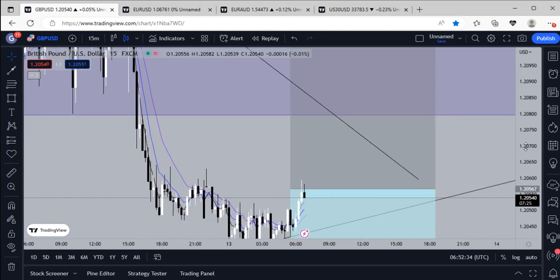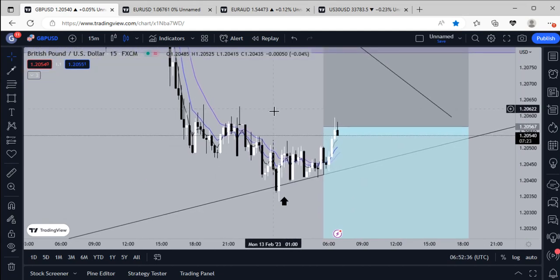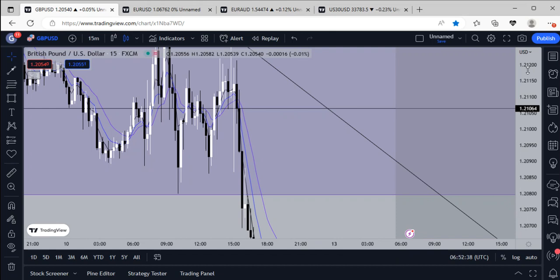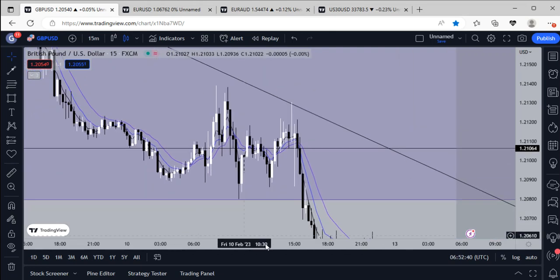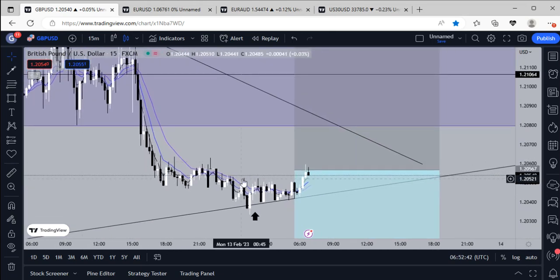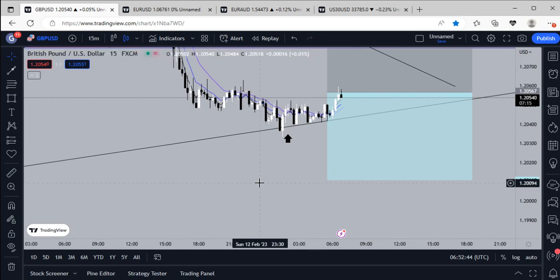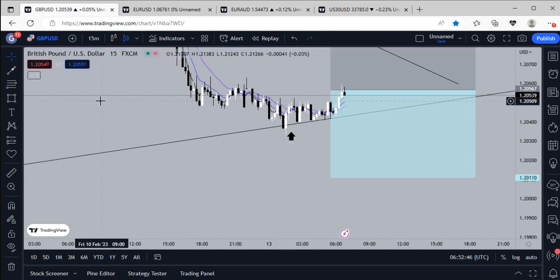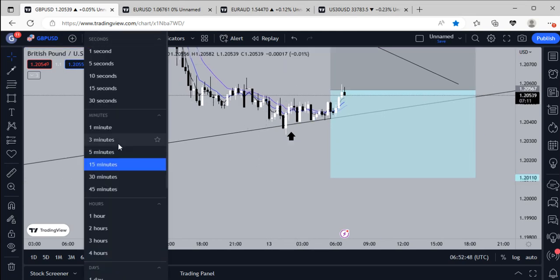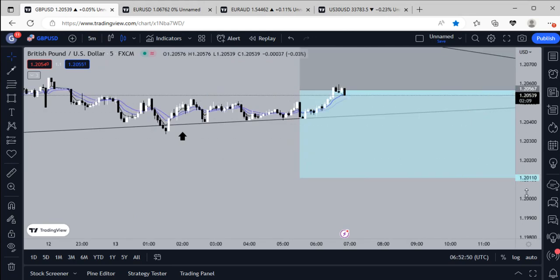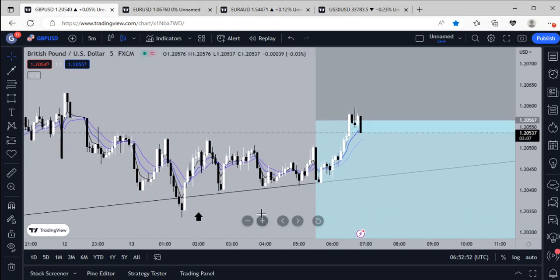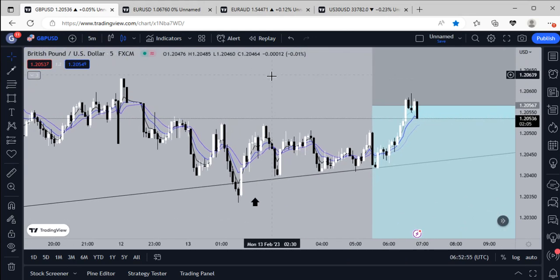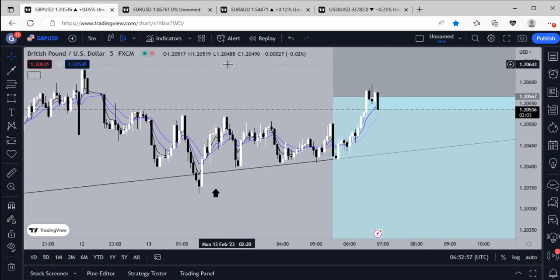Okay, this is what we have right over there. So there's really not much we have. All right, but yeah, this is a setup for GBPUSD. What do you expect price to be doing? What we can expect price to do in the markets.